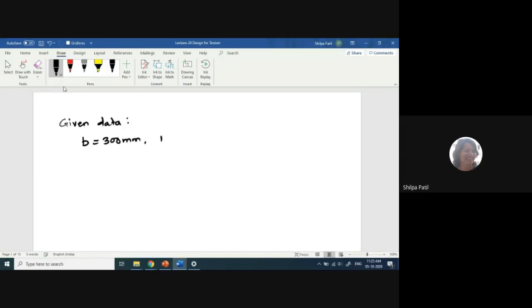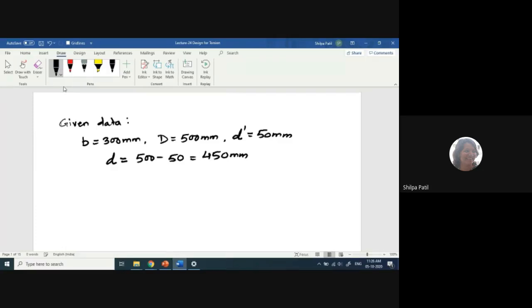Then overall depth capital D is 500 mm. The effective cover is also given, 50 mm. So we can immediately find the effective depth of the beam, which will be 500 minus 50, which is 450 mm.